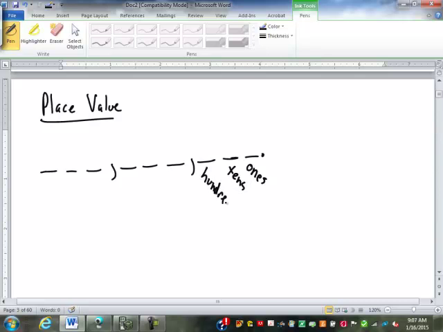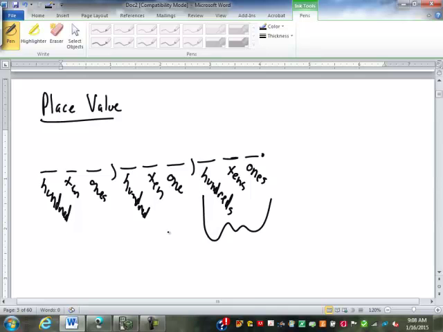And those are our three place values. They repeat over and over again. Ones, tens, hundreds. This first group is just the base group. The second group of three is the thousands. And then it's the millions, and so on.